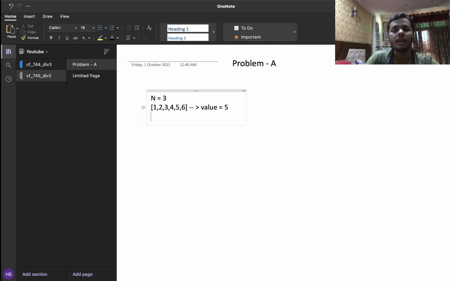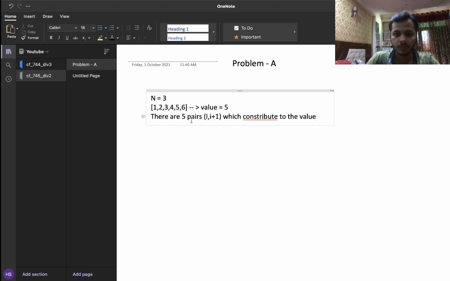So basically the value being 5 means that there are 5 pairs of indices i, i plus 1 which contribute to the value, right? So basically the first 5 indices contribute to our value: 1 and 2, 2 and 3, 3 and 4, 4 and 5, and 5 and 6.